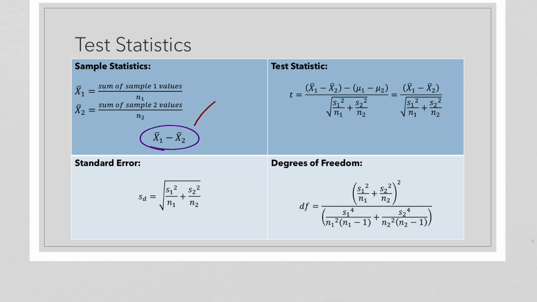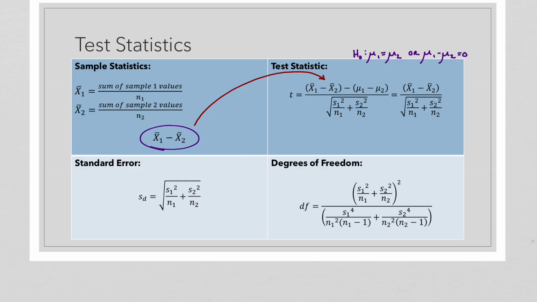So x bar sub 1 minus x bar sub 2 is going to have subtracted from it the difference of our population means. If you refer back to your null hypothesis, this is where we said mu sub 1 is assumed to be equal to mu sub 2, or we had also written it as mu sub 1 minus mu sub 2 is equal to 0.